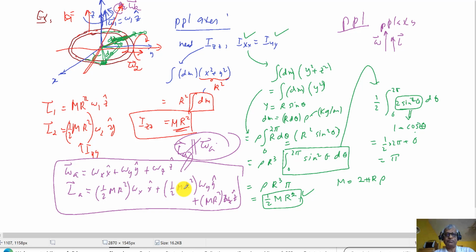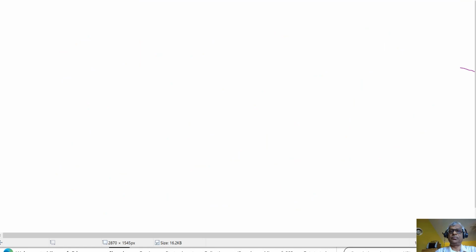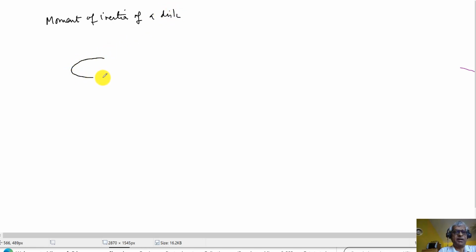Okay, so I'm going to try to complete this by doing a couple more examples. Let's say the moment of inertia of a disk. This is a solid disk, not a ring, since we already did the ring.